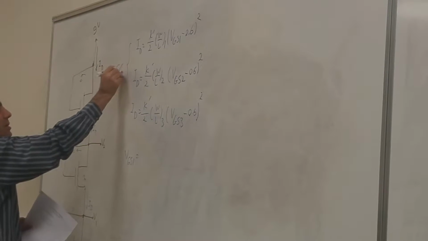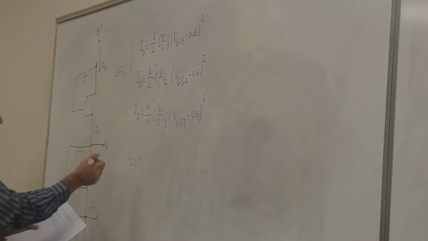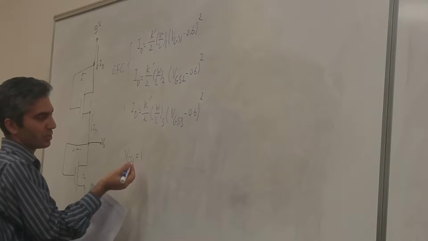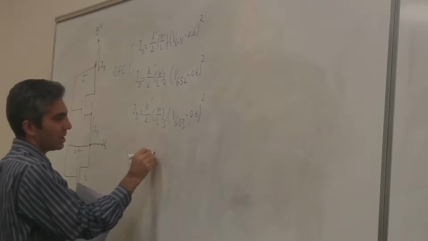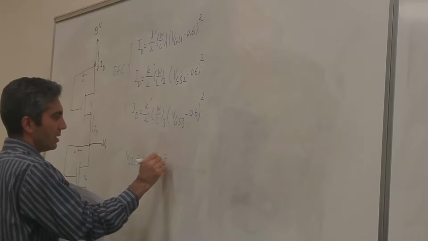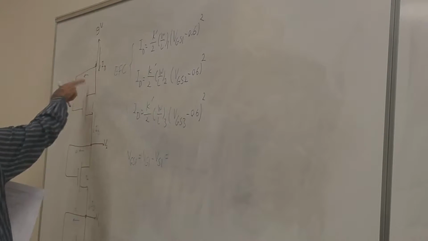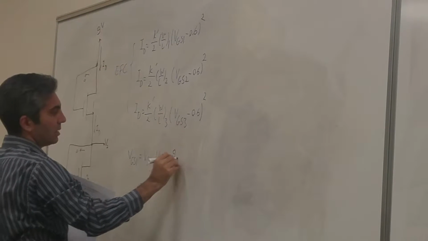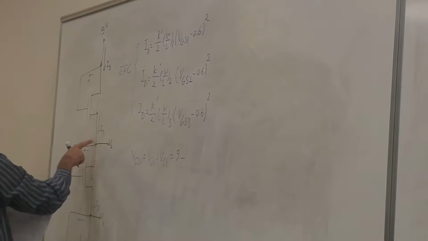You're just writing facts here. These are knowns. VGS1 is VG1 minus VS1. In this circuit VG is 9 volts, and VS1 is V2.